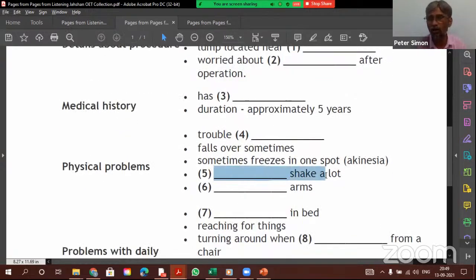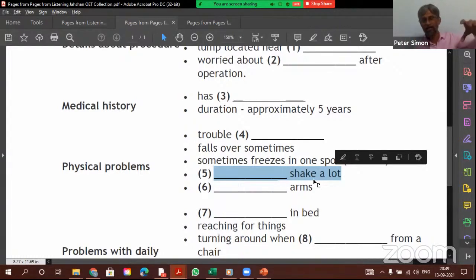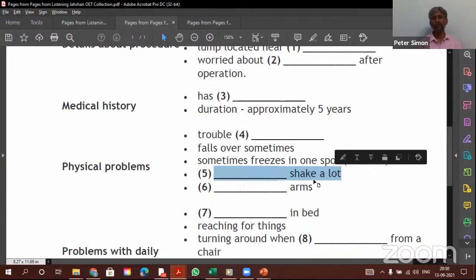Dash, shake a lot. Hand shakes a lot. Leg shakes, with an S. Hand is weak, it shakes a lot. Hands are weak, they shake a lot.